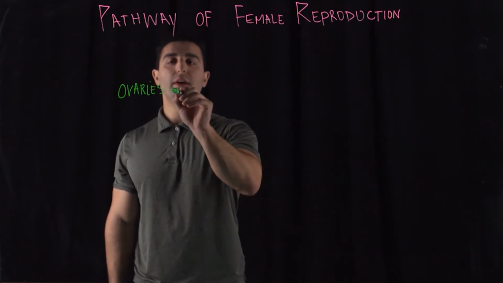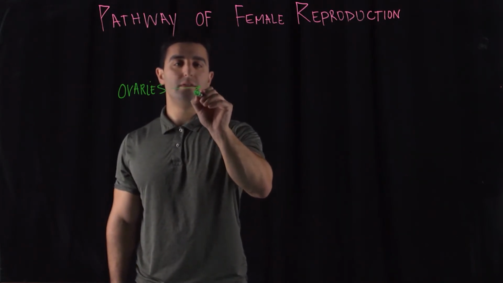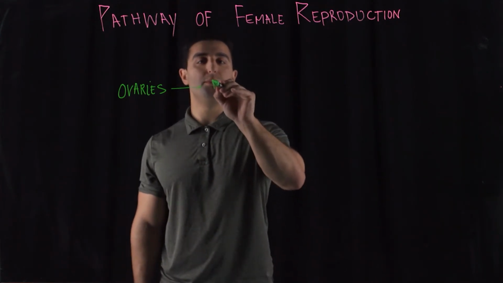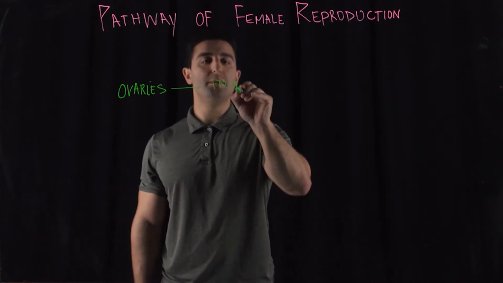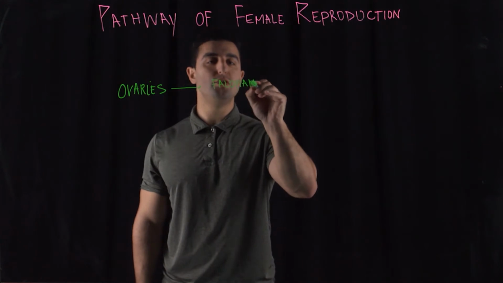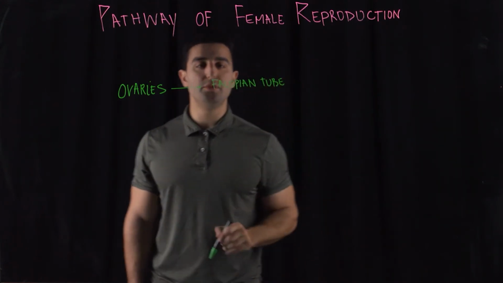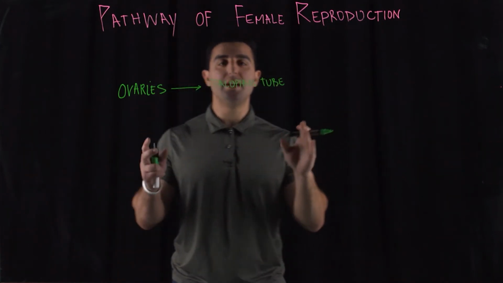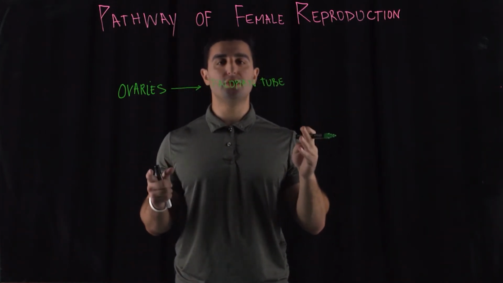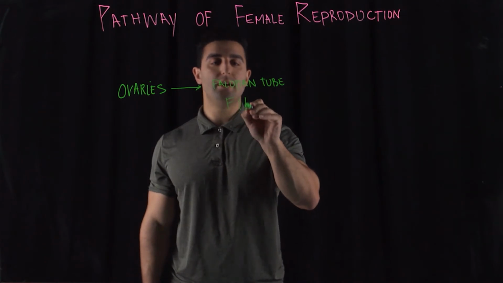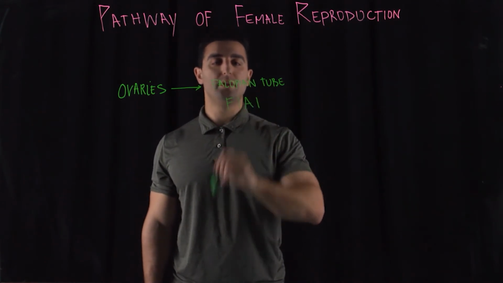Okay, so ovaries now branch off into this structure called the fallopian tube. The fallopian tube is also called the uterine tube, but in this case we'll just call it the fallopian tube. The fallopian tube is made up of four specific structures. The way I always remember it is the FIAI, right?